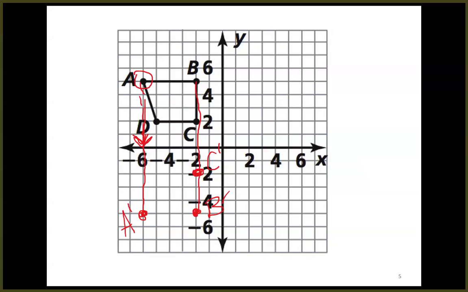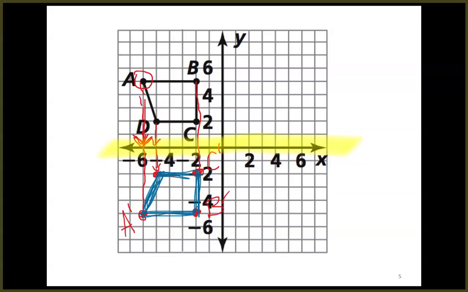And then D prime is going to go 2 spots that way. And what do you know? Actually, I'll make that my trapezoid. And doesn't that blue trapezoid look like a mirror image of the original black trapezoid? Yeah, that's a reflection. And that reflection was a reflection across the x-axis.